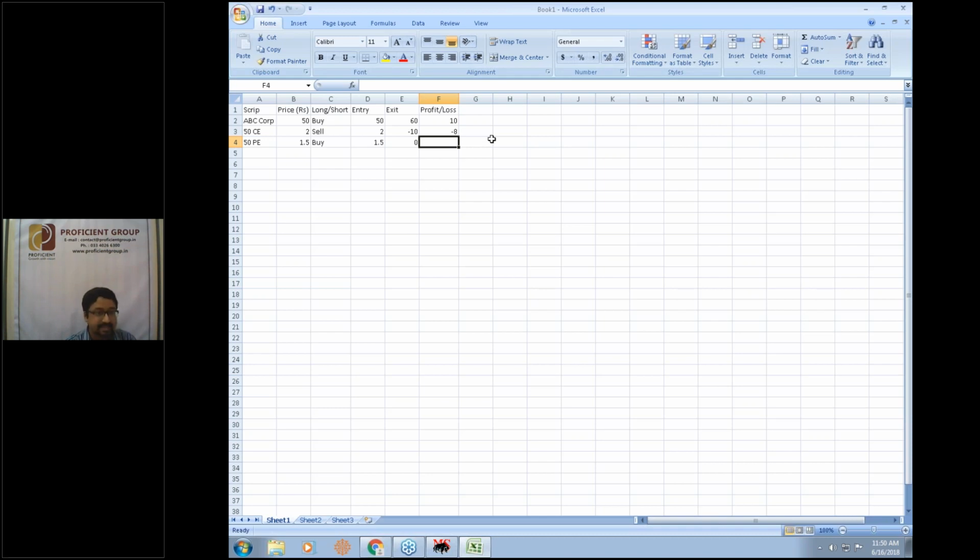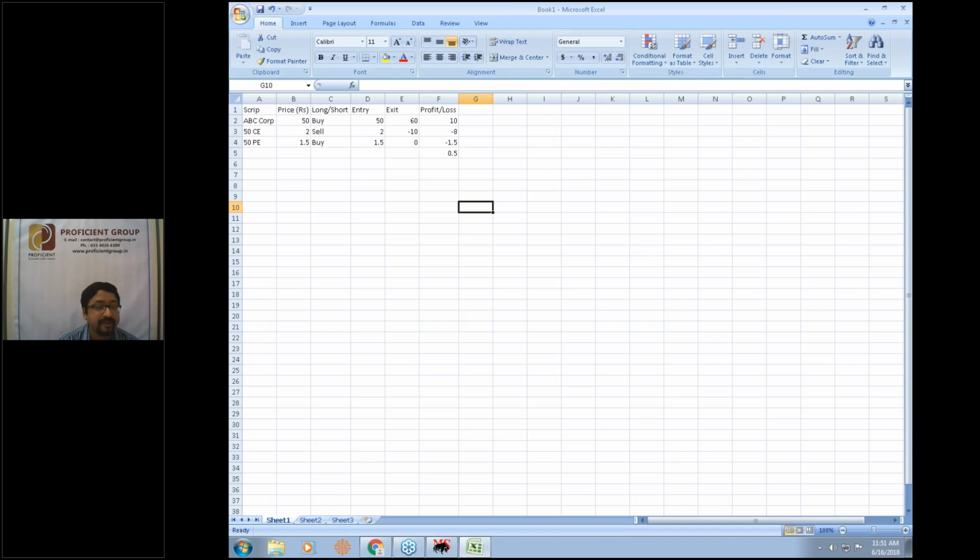And from the put, we also have a loss of ₹1.50. So net, we have a profit of ₹0.50.